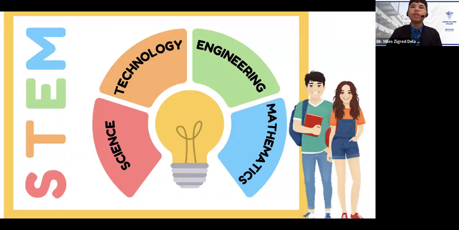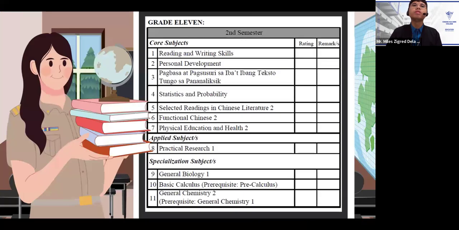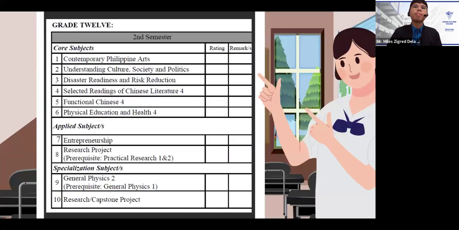To present you the curriculum for the Science, Technology, Engineering, and Mathematics. For grade 11, first semester. For grade 11, second semester. For grade 12, first semester. For grade 12 of STEM, second semester.